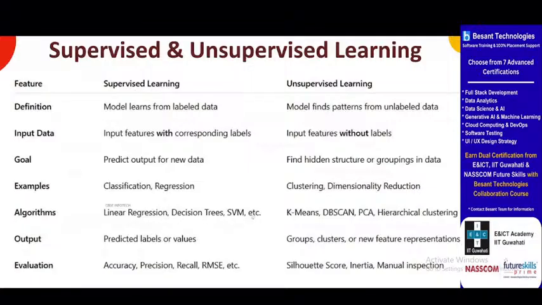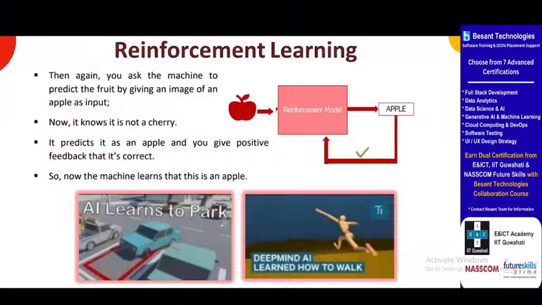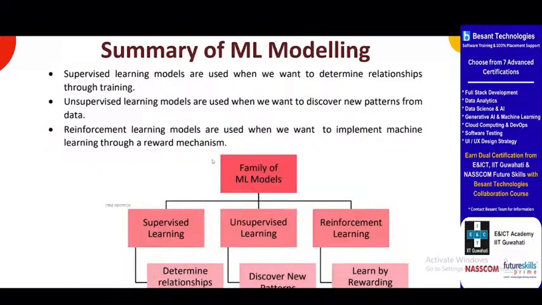Usually in companies, in projects, we use random forest or linear regression. K-means is very famous, and hierarchical clustering. These are the algorithms that we are using. Reinforcement learning is just feedback from the machine on whether it is correct or not, and it will reprocess it.